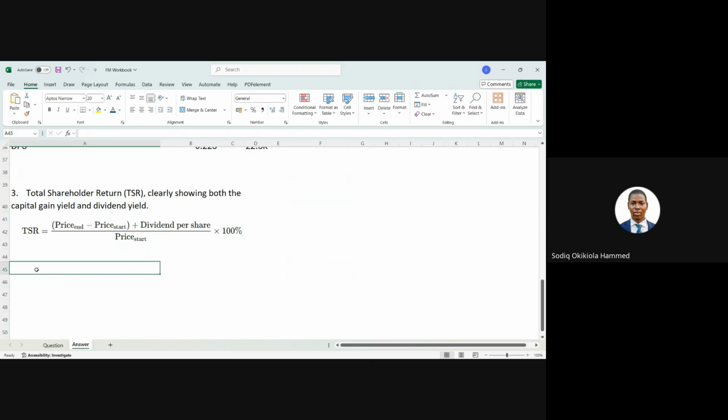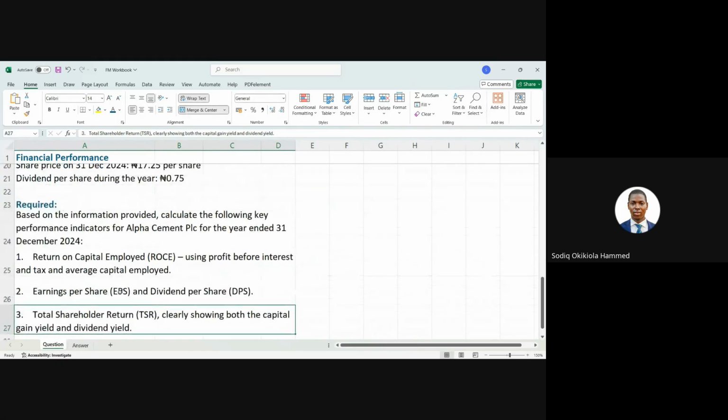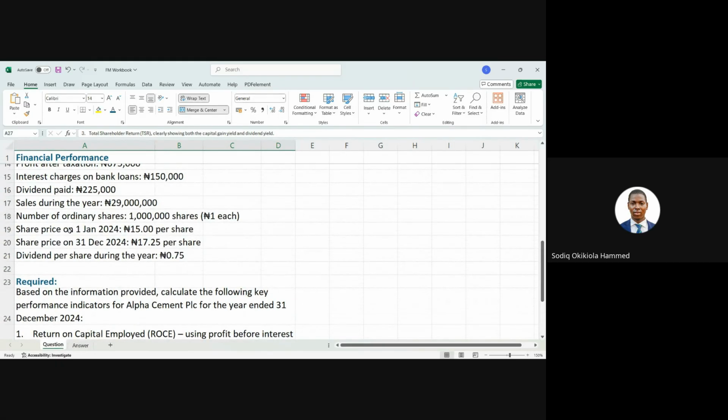So we can say our TSR, total shareholder return, is equal to, in brackets, our share price at the beginning, the share price in January, is 15 naira.